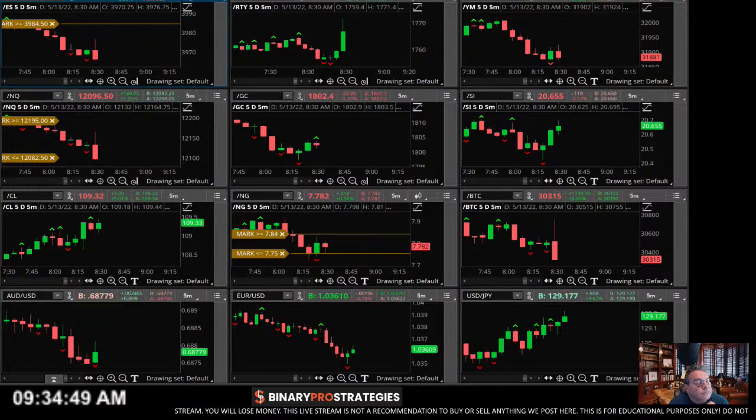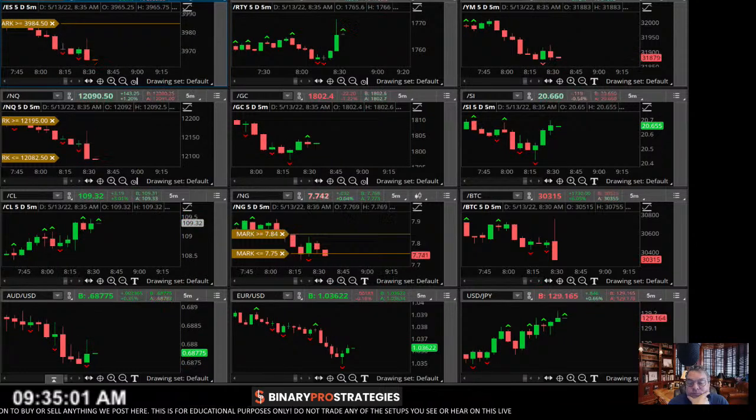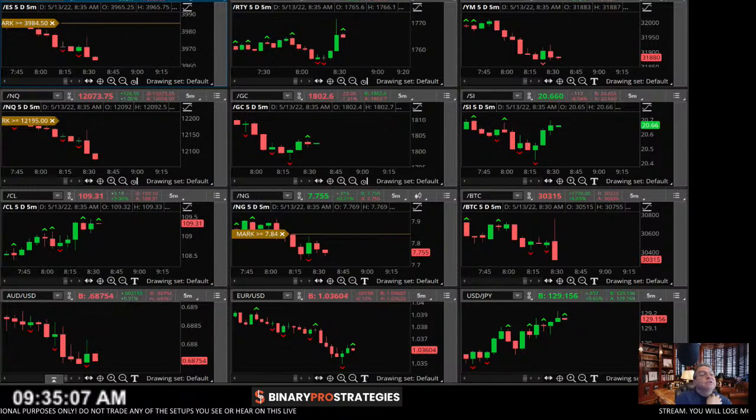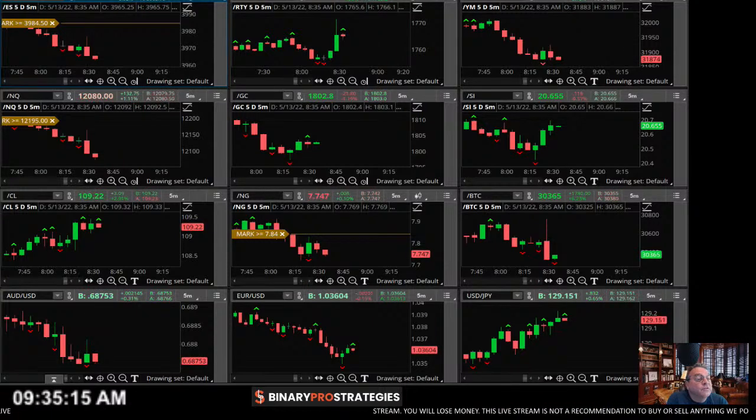Profit target hit. Okay, profit target hit on ES. Reverse sell. Reverse short on natural gas. Target hit. Target hit on NQ. I like this pattern setting up on this natural gas.